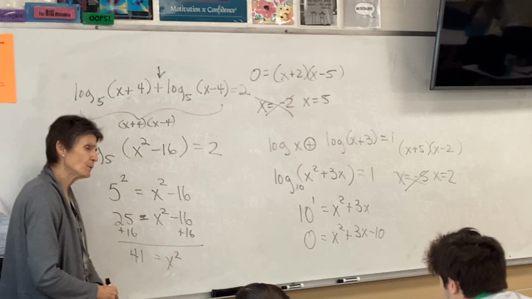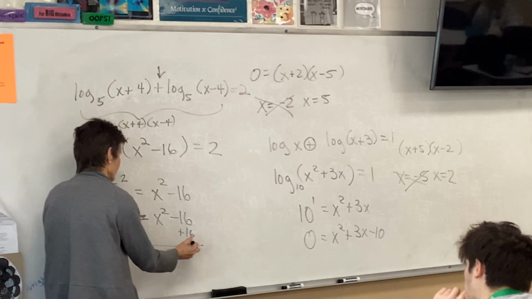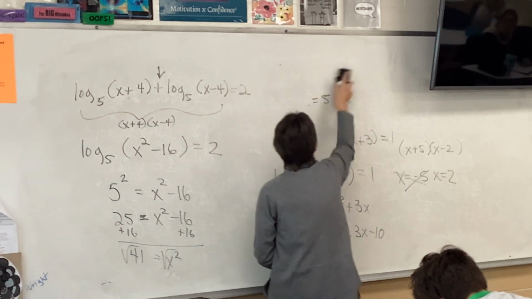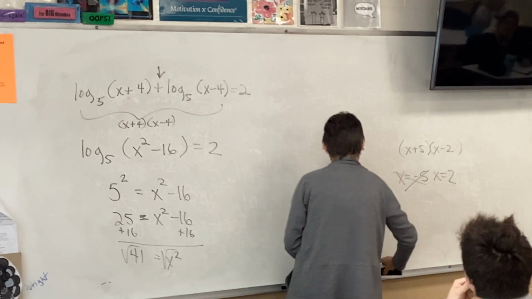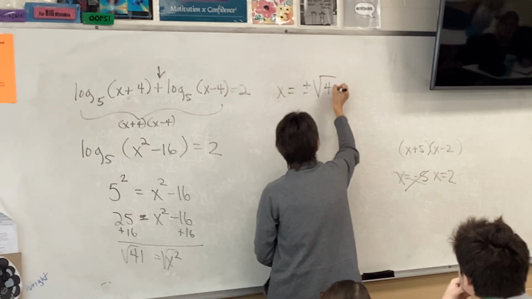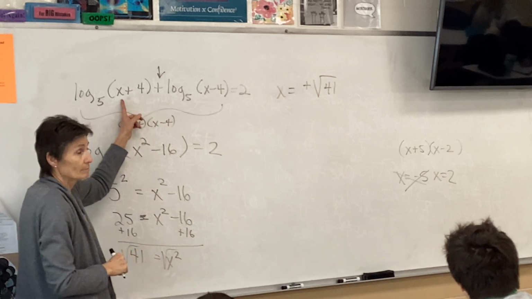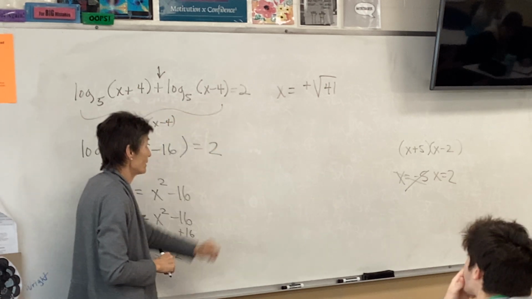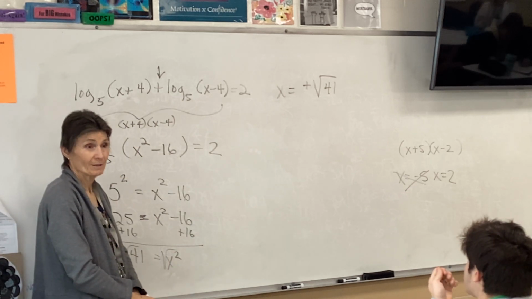And then what would I do? Square root. So x equals plus or minus root 41, but I don't think it can be negative here. So I'm going to get rid of that negative, and the answer is just the square root of 41.